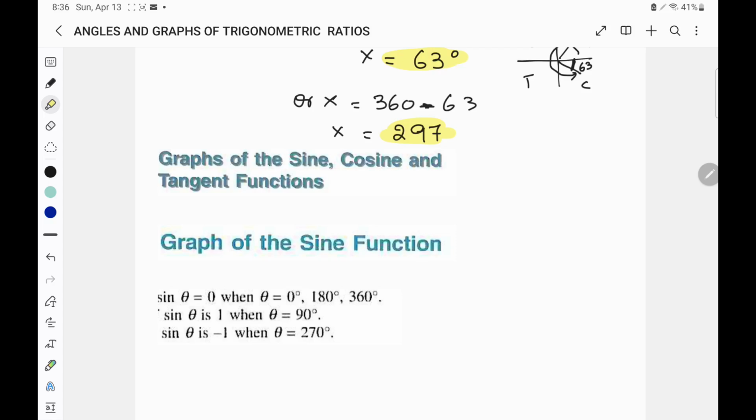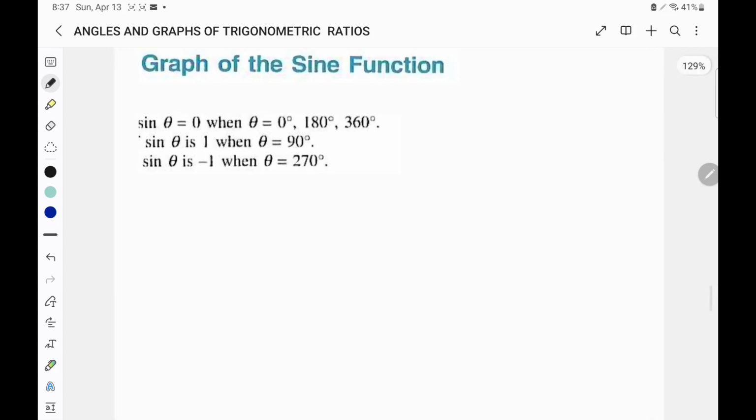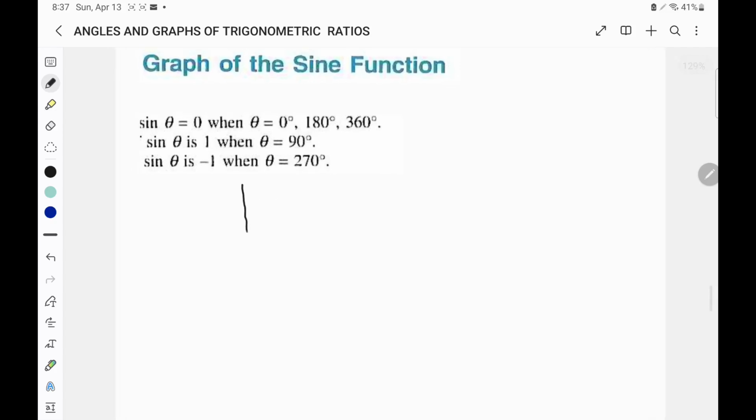Okay, so I'm going to draw. As you know, theta is 0. When the angle is 0, the sine is also 0. When the angle is 180 degrees, the answer is 0, and the sine of 360 degrees is also 0. All right, so I'm going to draw, but you take your ruler and draw it neatly.